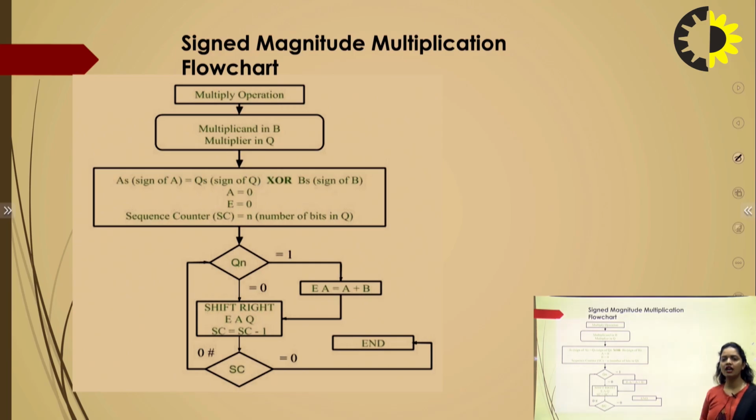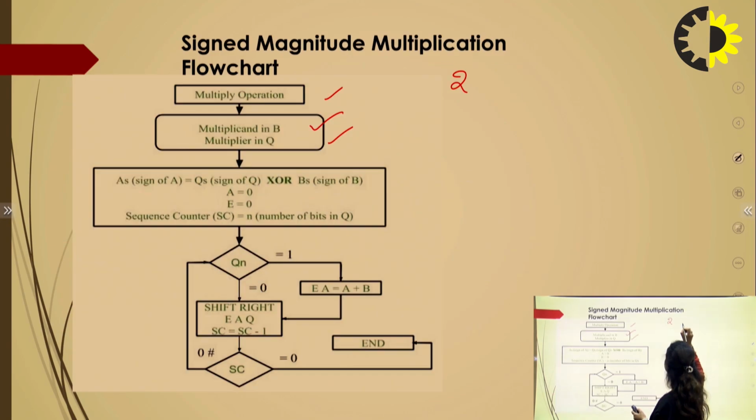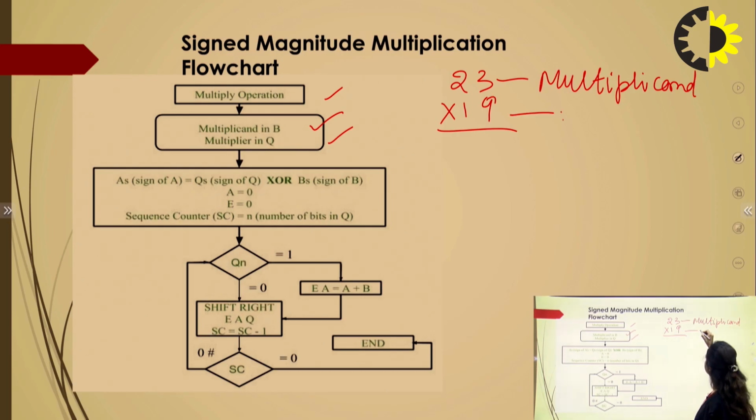So let us have a look at this flow chart, how the functioning and the workflow will occur in this algorithm. So the very first step is to perform the multiplication operation that is defined in this rectangle, and then we have a multiplicand and multiplier. So we have 23 and 19 multiplied by each other, where we are taking 23 to be the multiplicand and 19 to be the multiplier.